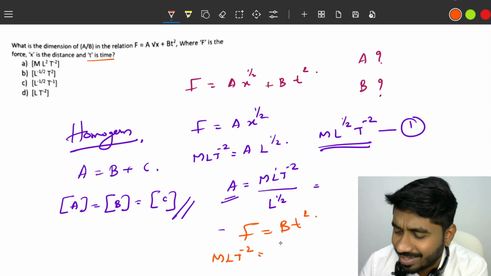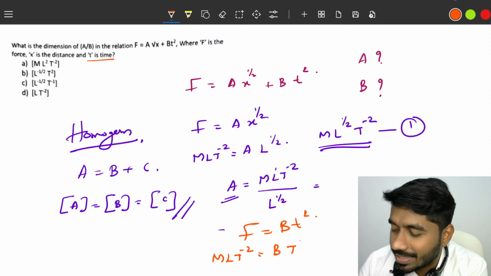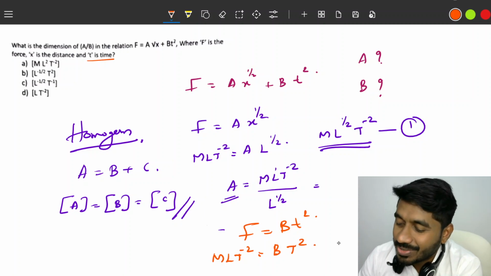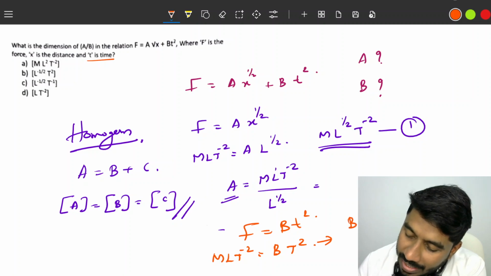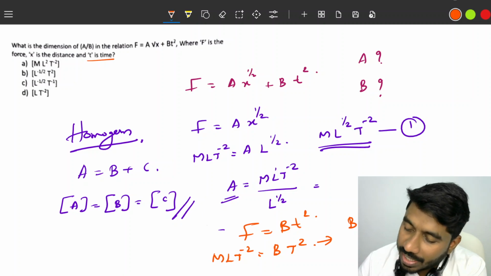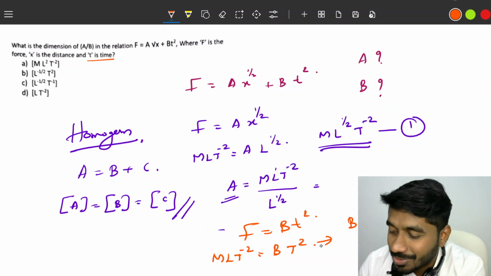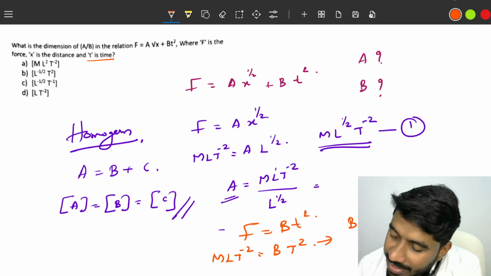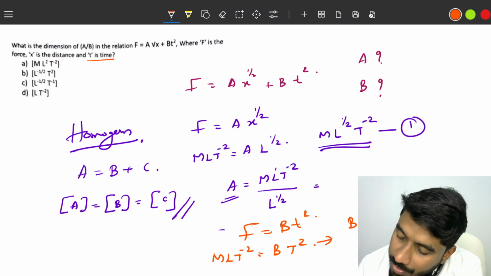It is very simple. So B into t square, right? So we will get B equal to M L T raised to minus 2 by t square. Correct? So we will get it as M L T raised to minus 2 minus 4, equation number 2.